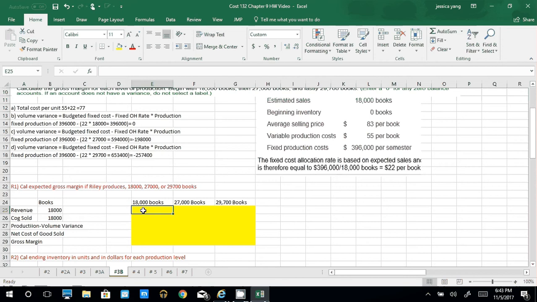With 18,000 books, we take the 18,000 books and multiply by the $83 selling price, which gives us $1,494,000.